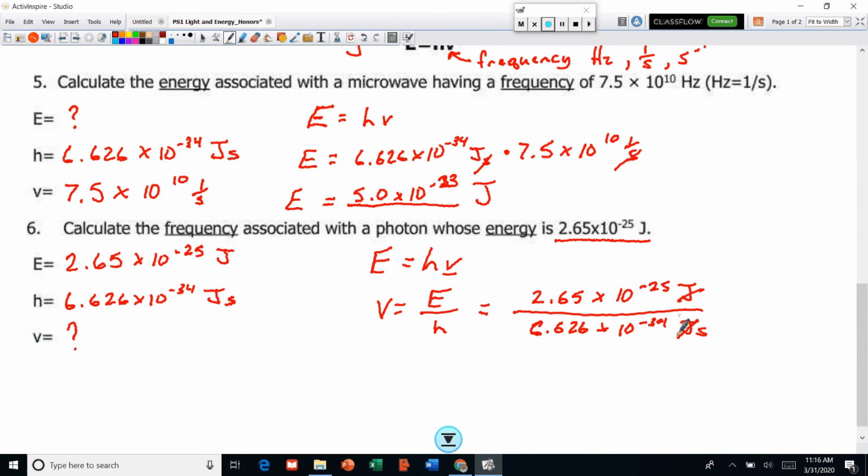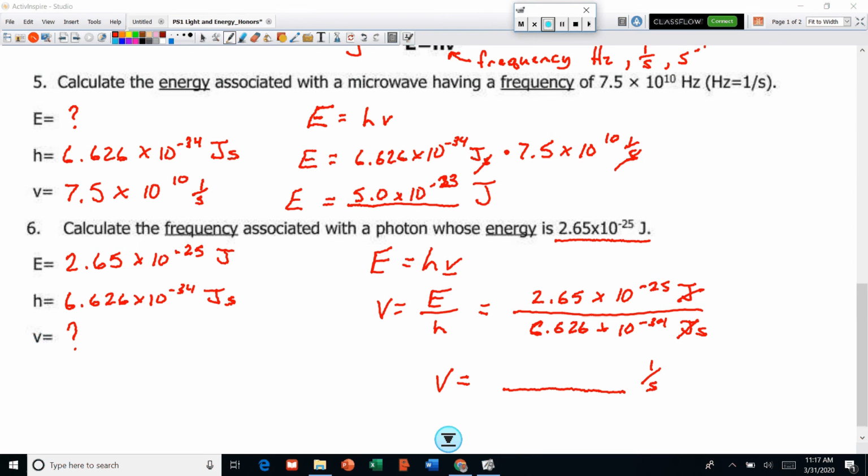Joules cancels, leaving us with 1/seconds. So frequency is equal to something 1/seconds or hertz. All right, go ahead, pause the video, and press play when you're ready for the response.